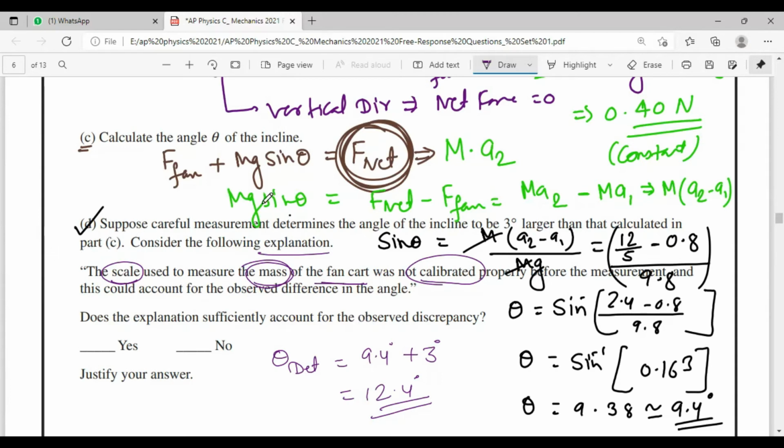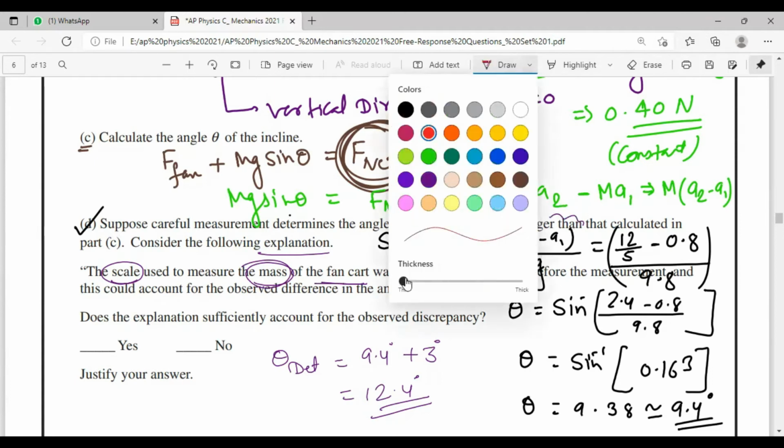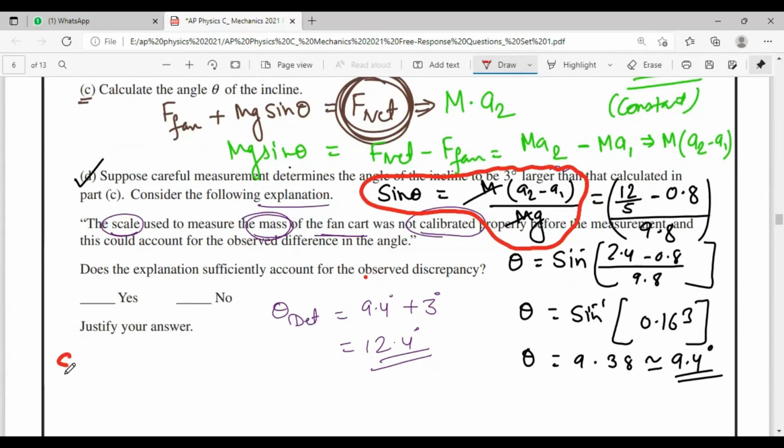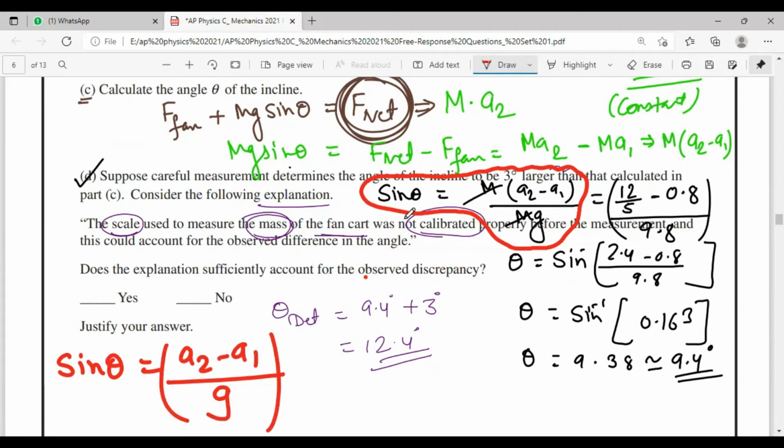So let us see. I have already explained the expression for sine theta. Please see the expression for sine theta. As you can see, the expression of sine theta is equal to A2 minus A1 upon g. This is independent of the mass of the cart.